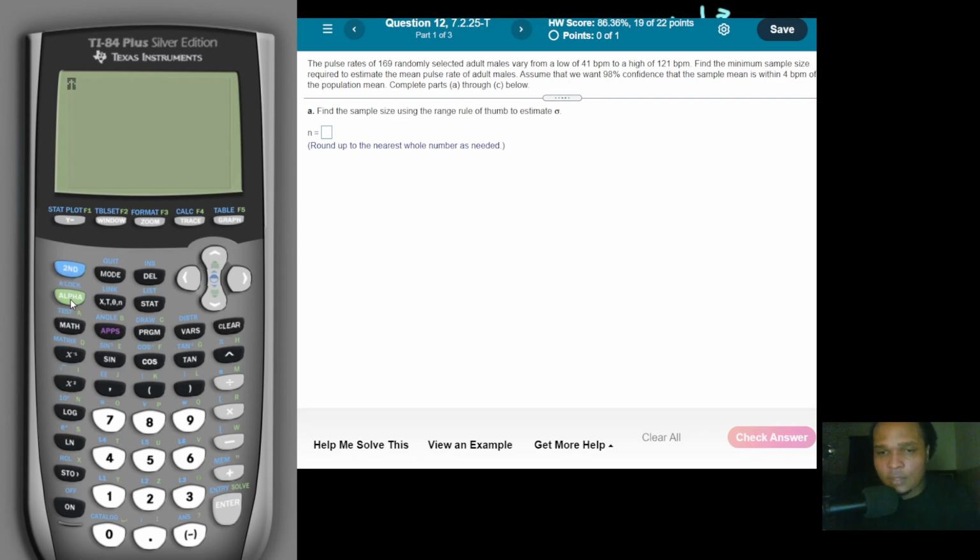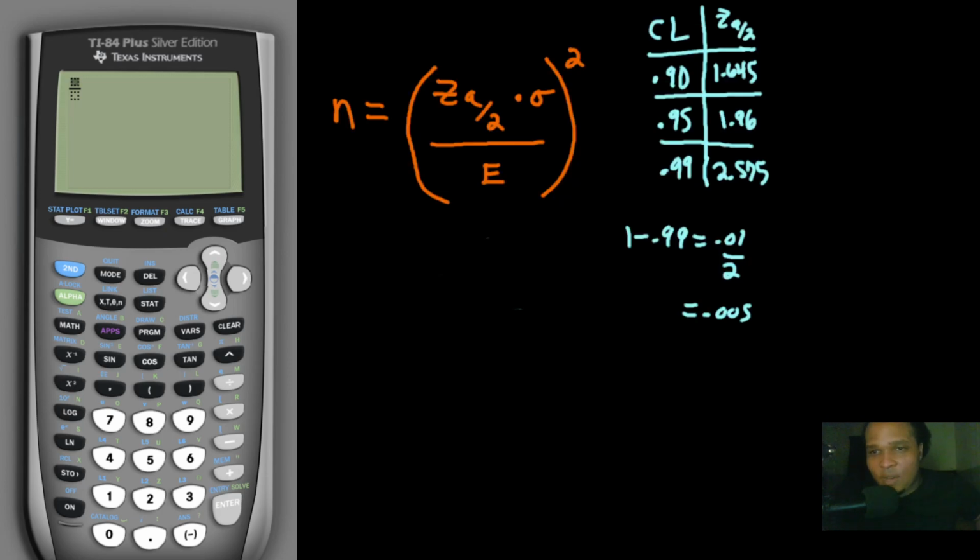Second alpha, y equals, let's say enter to get your fraction. Once again, 98. Okay, so they're not using one of the three nice confidence levels, 90, 95, and 99.